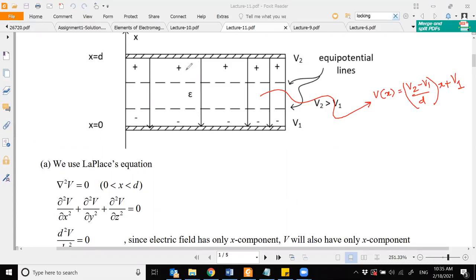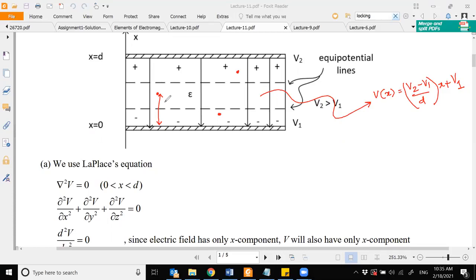You can go anywhere in the region of your dielectric and find the potential. For example, what is the potential at this point? To find it, we only need to know the x value.